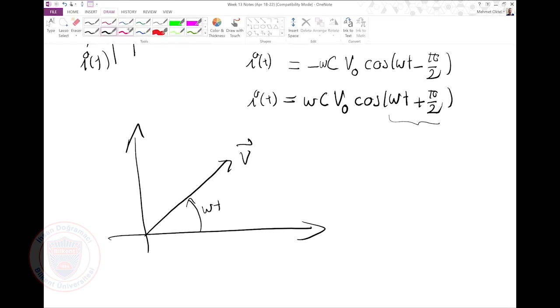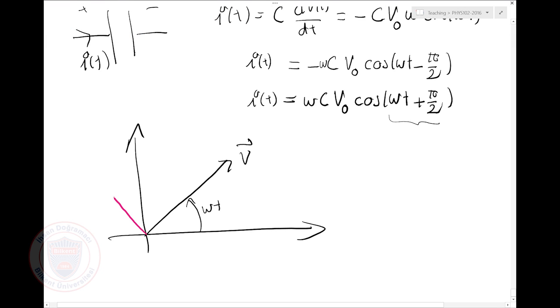So basically, if this is my V, my current will be leading. All of these are rotating counterclockwise. So the current is leading the voltage by pi over 2.